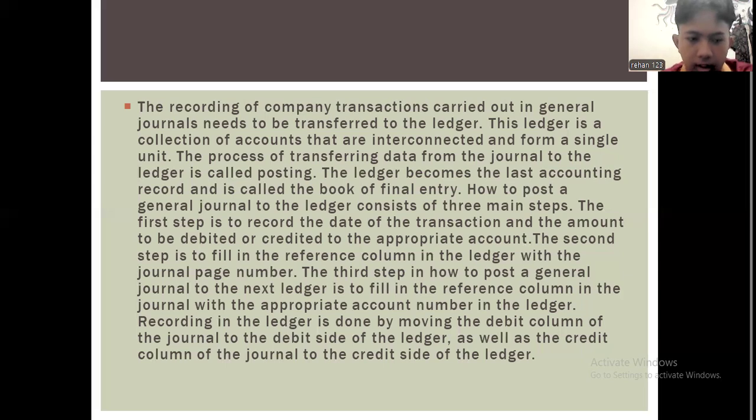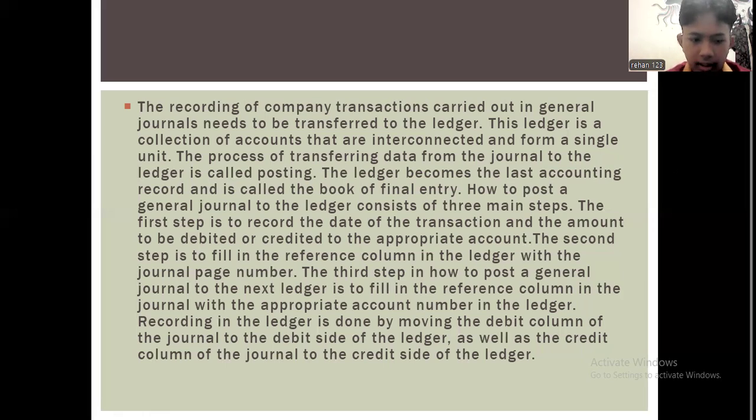How to post a general journal to the ledger consists of three main steps. The first step is to record the dates of the transaction and the amount to be debited or credited to the appropriate account.